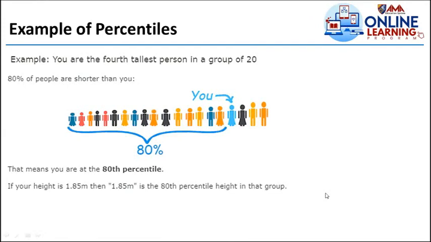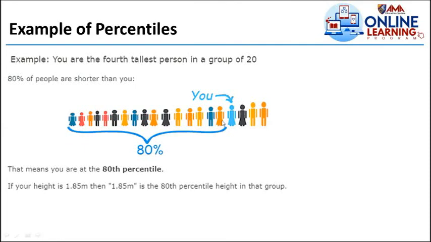Example, you are the fourth tallest person in a group of 20. So, ikaw yung fourth, ibig sabihin, if you have 20 persons dito, you are in the 17, 18, 19, 20. And you belong to the 80%. Okay? So, 80% of people are shorter than you.